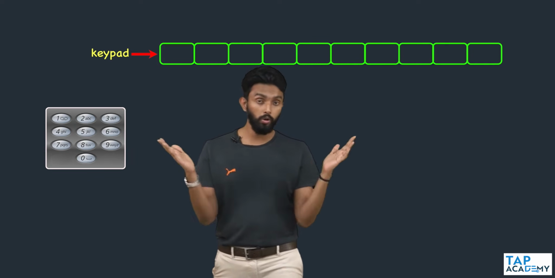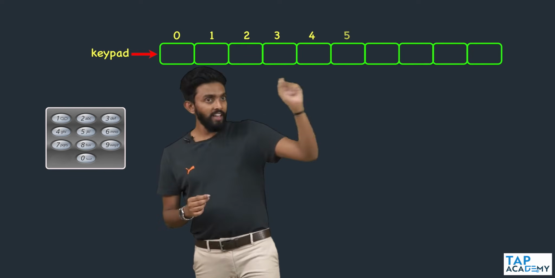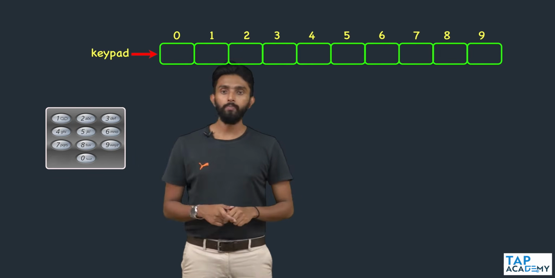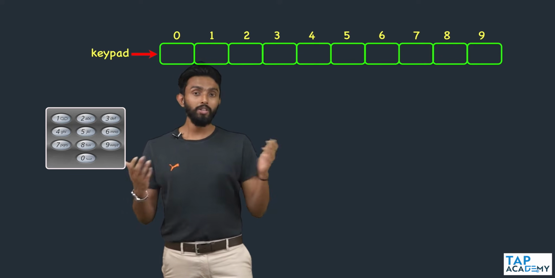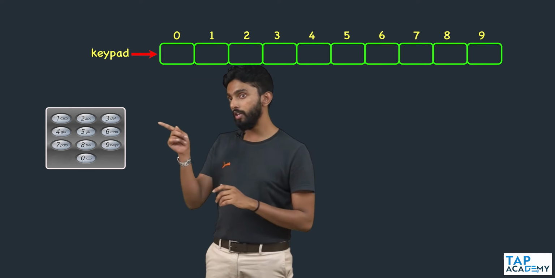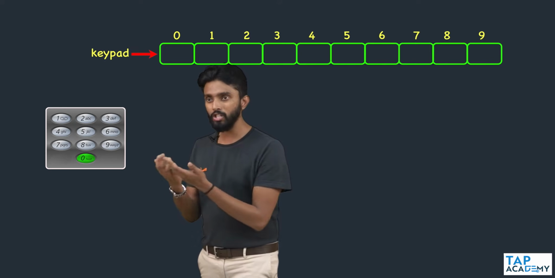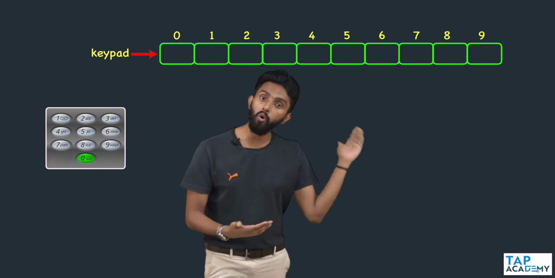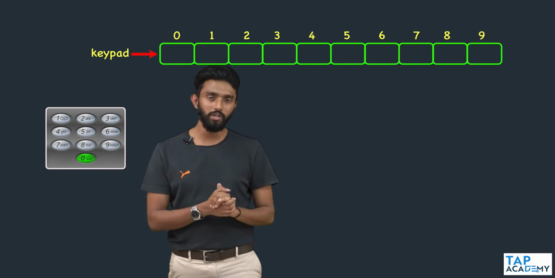Okay, great. What are you going to do next? These are the indexes of the array, and the index corresponds to the key. So 0 means 0 key, 1 index means first key, like that. You can see 0 really doesn't give us anything, it's just a space character, and the question has asked us to ignore 0 and 1 because 1 has something else, 0 is not used really.